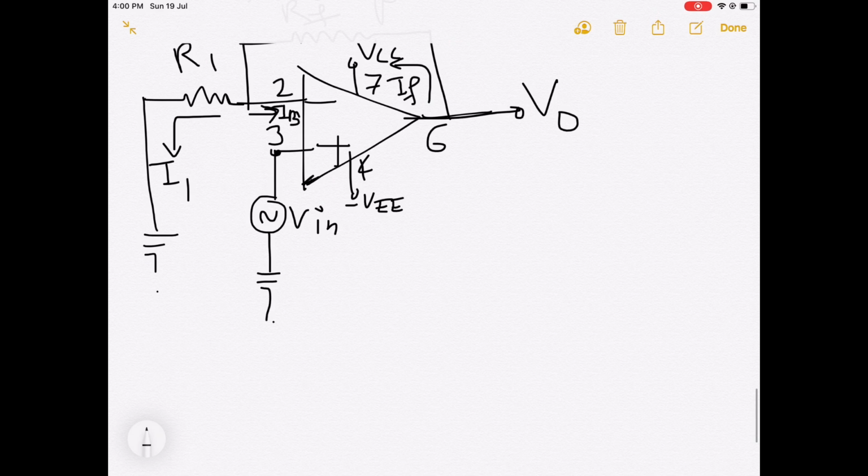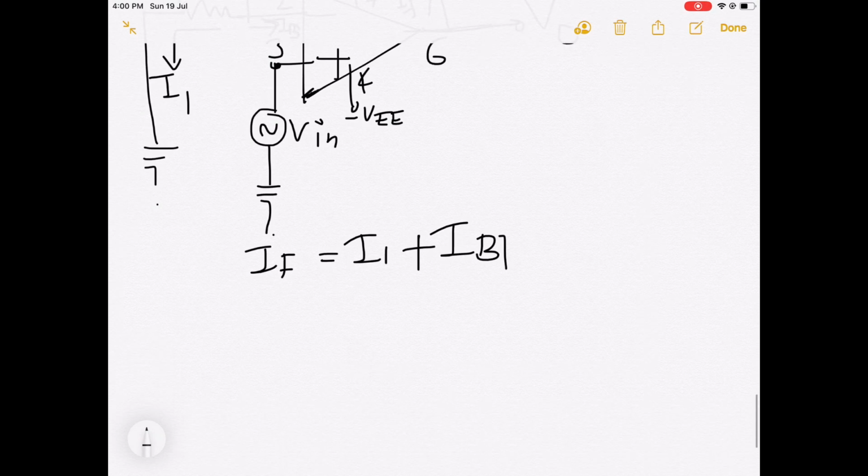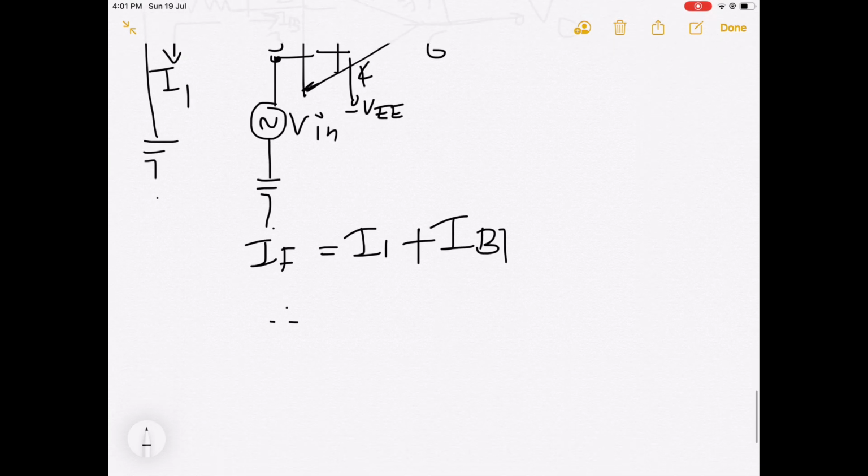Write down by KCL: IF equal to I1 plus IB1. As the input impedance of the op amp is very high, your IB1 is approximately 0. So, we can write IF is equal to I1.